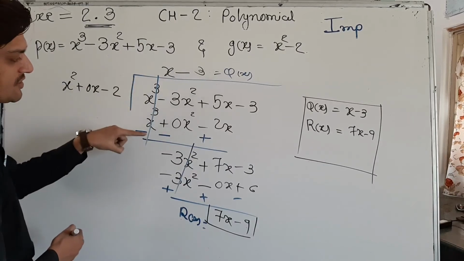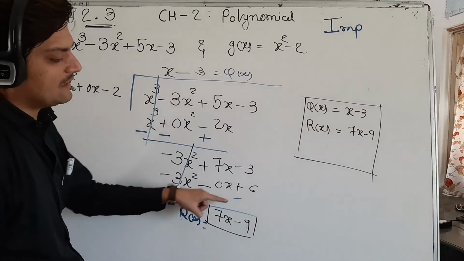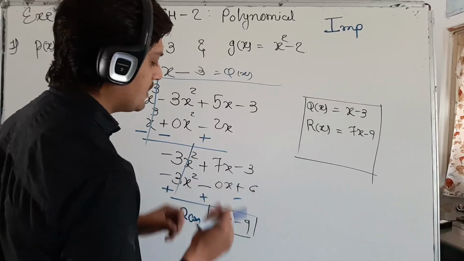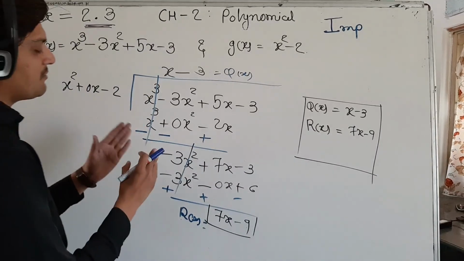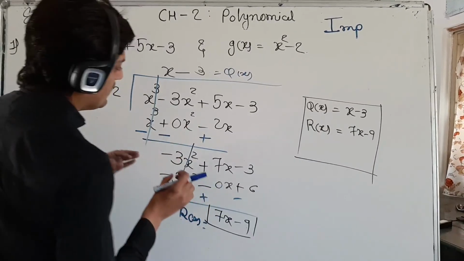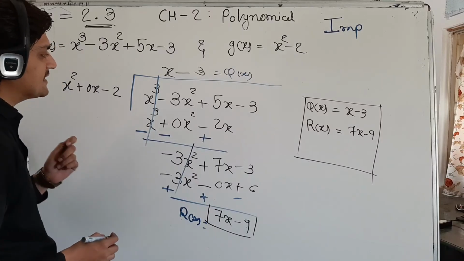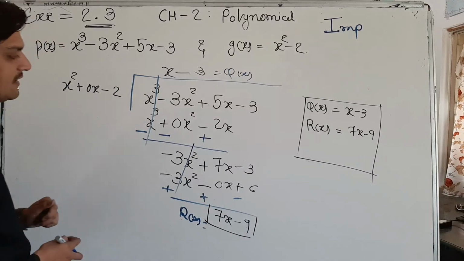First we'll cancel the first term, then we'll cancel the second term, then if possible we'll cancel the third term, and then finally the fourth term, and the remainder will come almost zero in so many questions. Okay, so means step by step terms will cancel. So for that, one most compulsory thing is that the first term should be the same only, then and only then it will cancel.